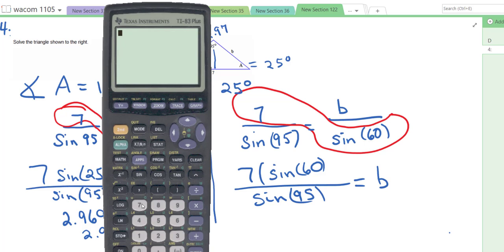So 7 times the sine of 60 divided by sine 95, close, enter. 6.08, and your 5 is going to push you up. So 6.09. I'm going to go ahead and write that because the calculator will disappear when I write on this screen. So 6.09.